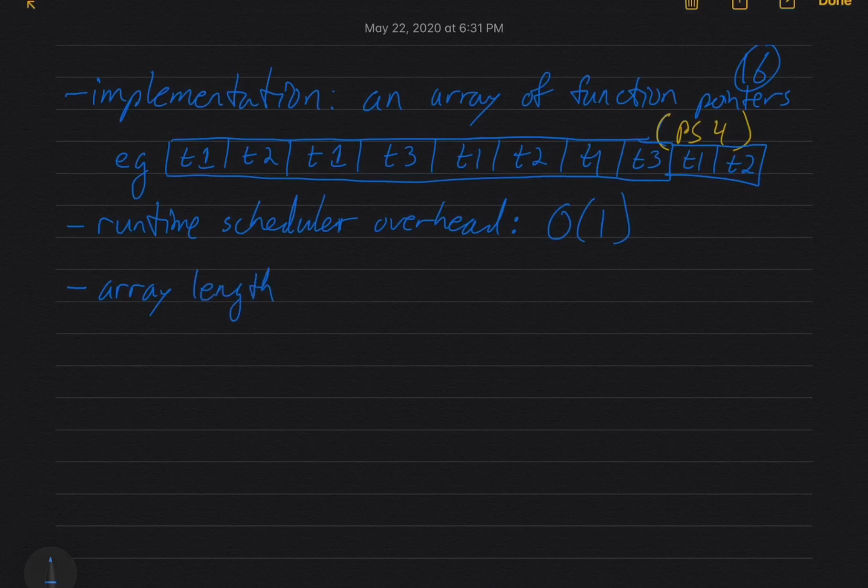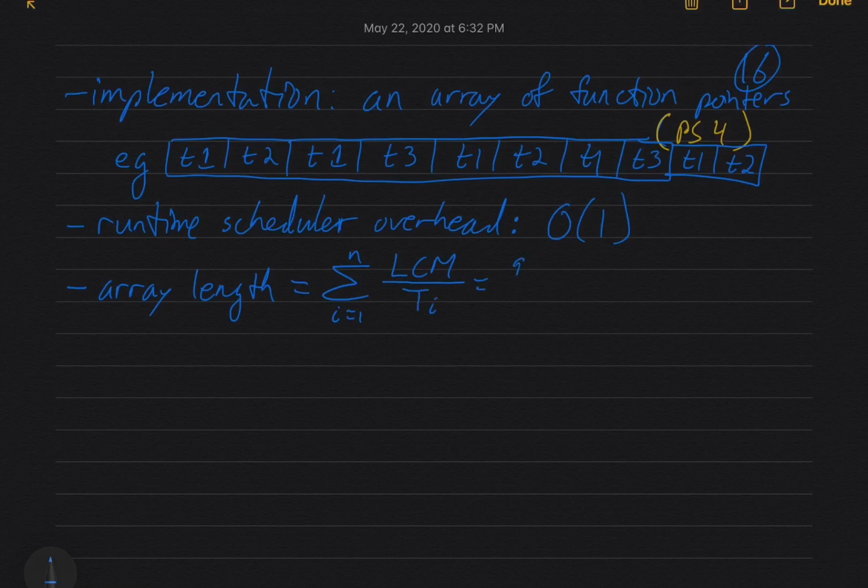And we can calculate the array length algorithmically or analytically. You can see that T1 occurs 1, 2, 3, 4, 5 times in there, which happens to be the schedule length divided by the period of T1. So the array length is equal to the sum for i equals 1 to n for each of the tasks of the least common multiple, the schedule length, over the period of task i.